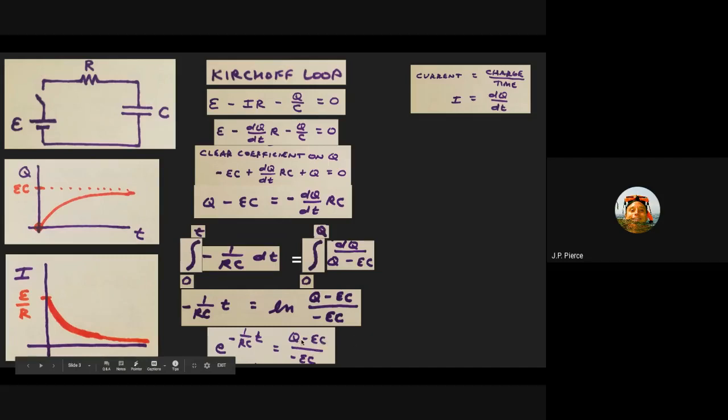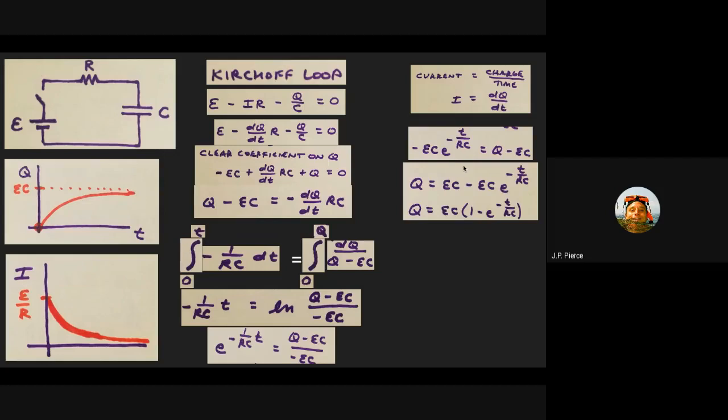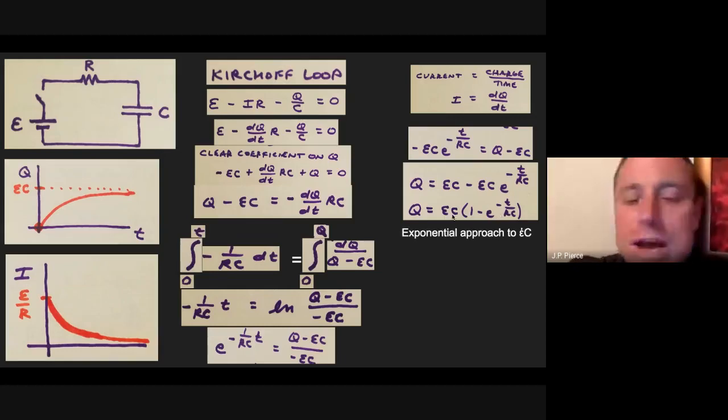Well, now all I have to do to solve for q is multiply the denominator over, and then add epsilon c over. That's multiplying the minus epsilon c over. And then finally, what you get is this expression. And this is actually the exact function we want. This is an exponential approach to epsilon c.